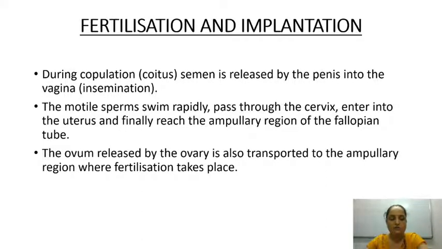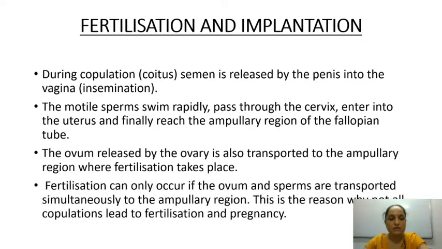Where does fertilization happen? Remember this point, fertilization does not happen inside the uterus. It always happens inside the fallopian duct, in the ampullary region. Fertilization can only occur if the ovum and sperm are transported simultaneously to the ampullary region.